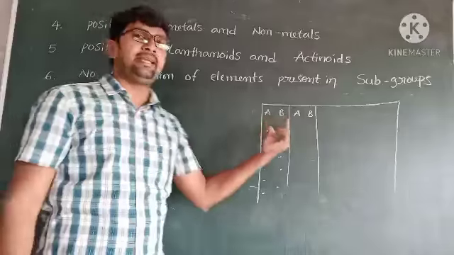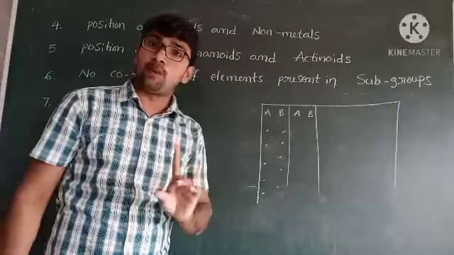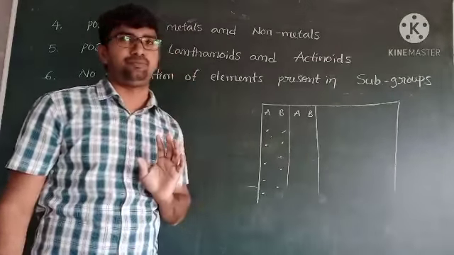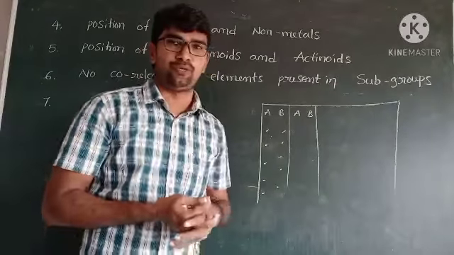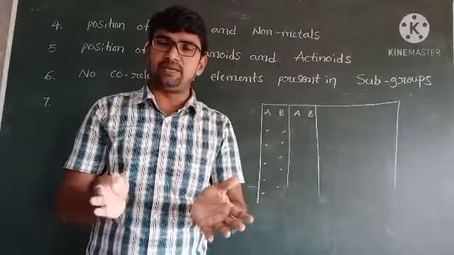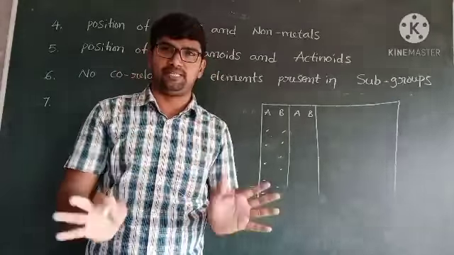Next, the 7th one. If you group any elements, similar-property elements are kept in the group. That is the main theme of any group. So elements in the same group have the same properties. But Mendeleev arranged dissimilar elements, meaning elements having different properties, in the same group, and similar-property elements in different groups.